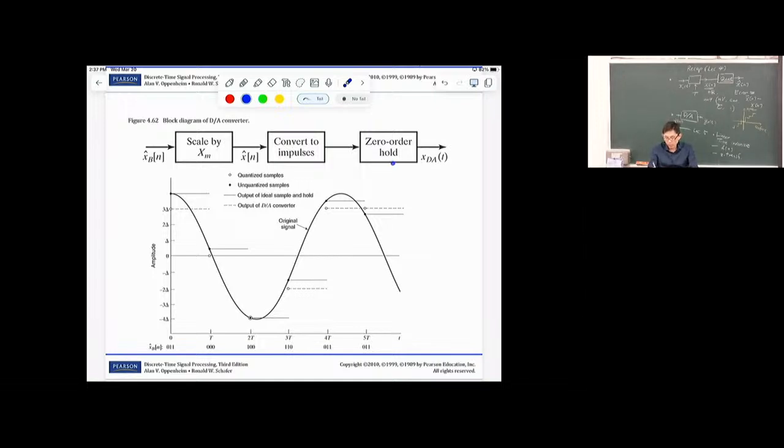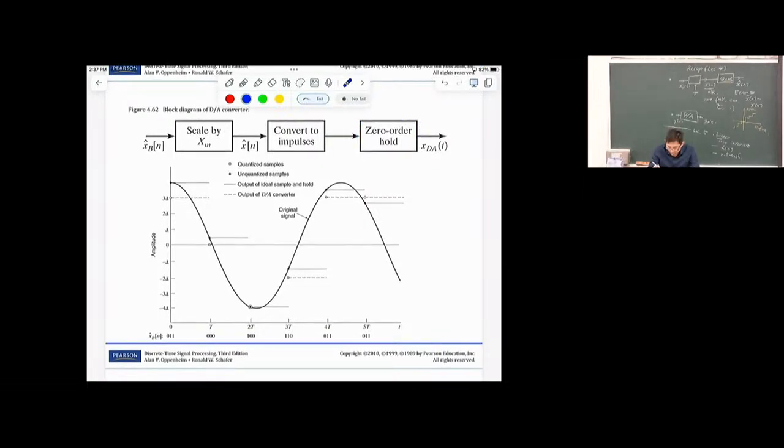When we say zeroth order hold, we mean, for example, if our quantized samples are marked by open circles, then each time we see a sample, we just hold it for time T to go back to the continuous time domain.